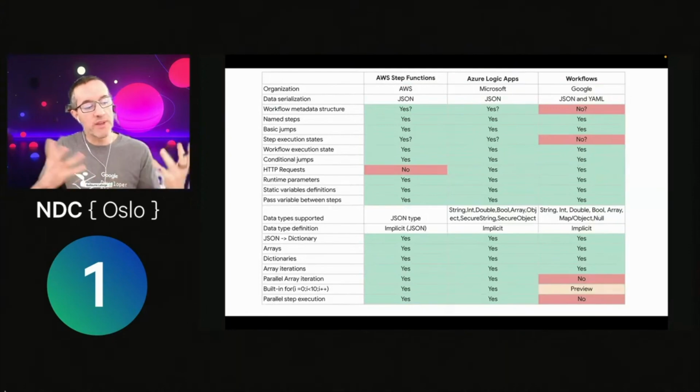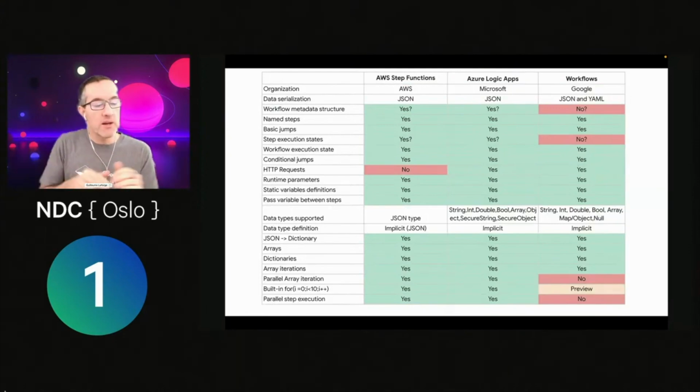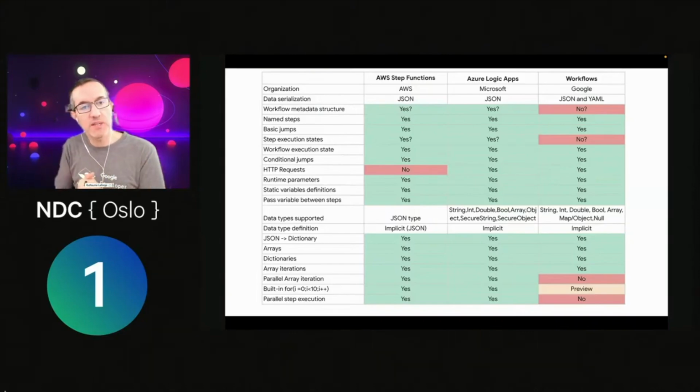Things like branching logic, various steps, calling APIs, etc. are the kind of actions you can usually do in those products. Mete, you wanted to add something?